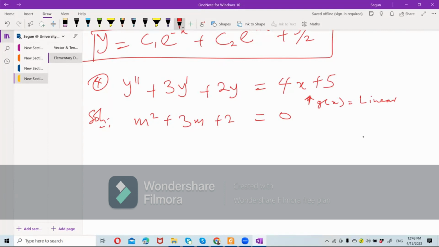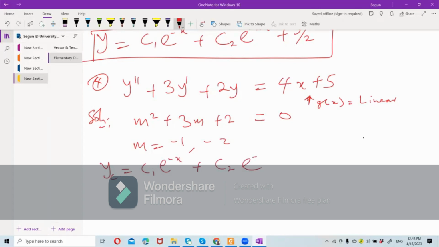So our m in this case is equal to -1 and -2. You agree with me? Because it's similar to what we did the other time. So y complement is the same thing as c1 exponential minus x plus c2 exponential minus 2x. So y will be yc plus yp.